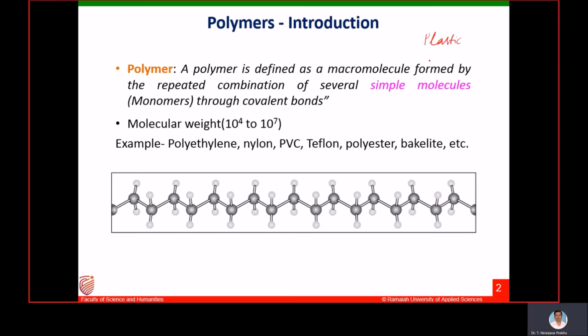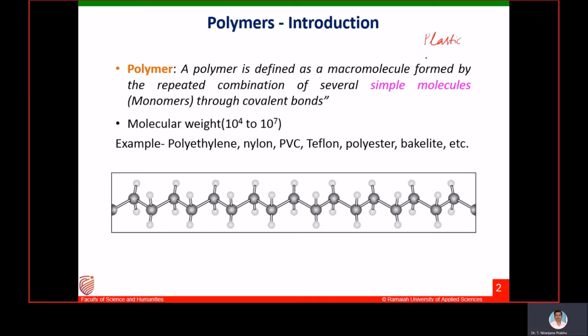Many of the domestic articles used in the kitchen are made from plastic. The plastic chairs, the computer keyboard, the packaging materials, and whatnot.